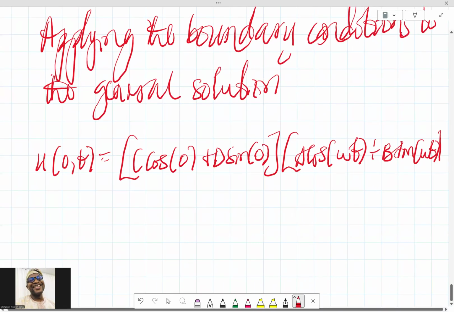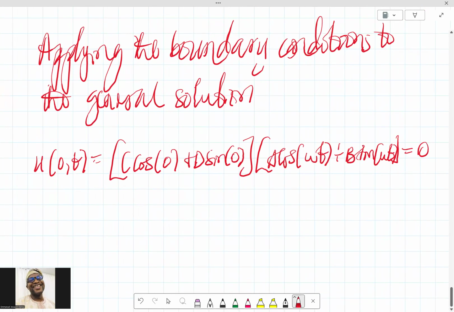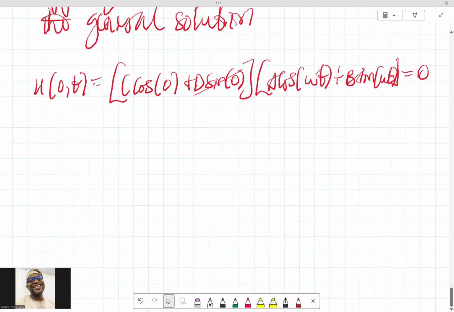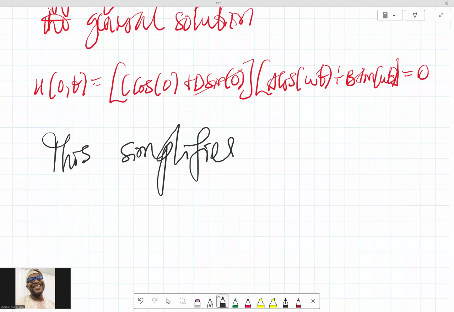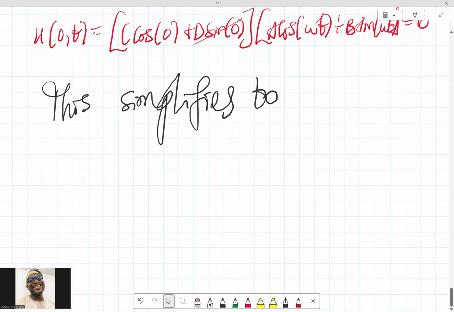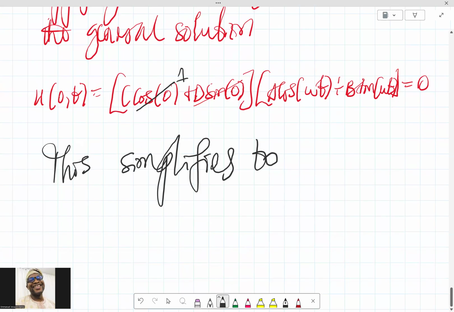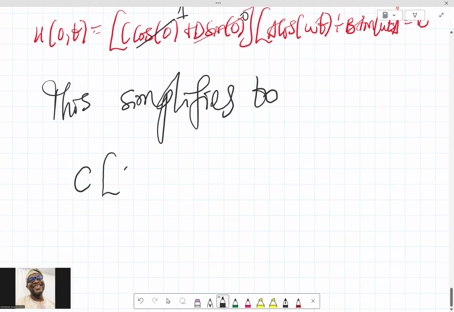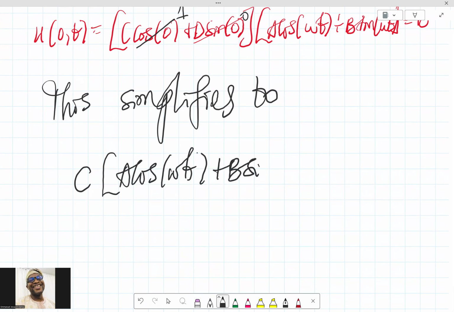All of this is now equal to 0. D sine 0 is gone, right? So C cos 0, we have only C left there. So this simplifies to only this C now, because cos 0 is 1 and sine 0 is 0. So we have C times A cos omega t plus B sine omega t, and all of that is equal to 0.